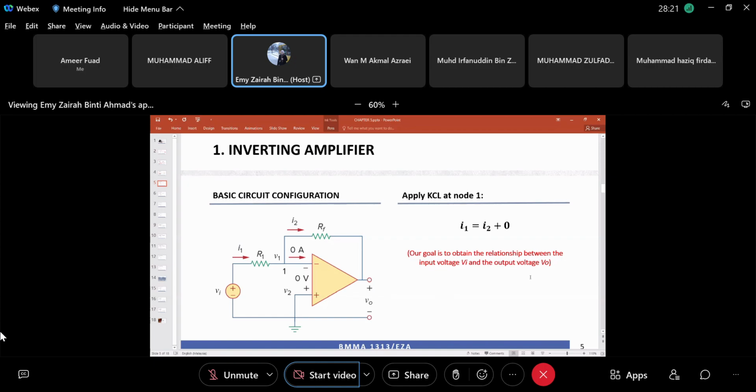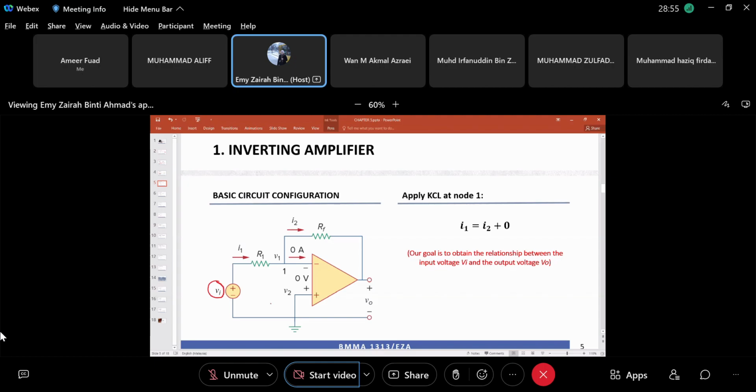This is the basic circuit configuration for an inverting amplifier. So why do we call this an inverting amplifier? The first thing you need to understand is to look at the power supply here. It feeds to the inverting terminal, so we call it an inverting amplifier.